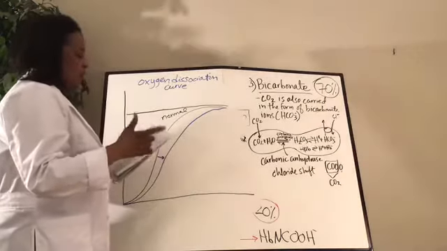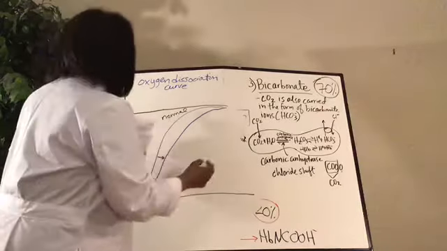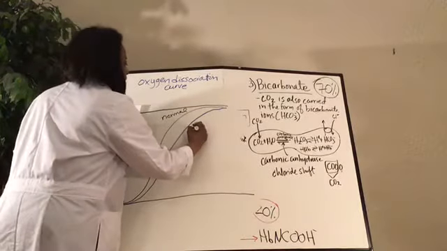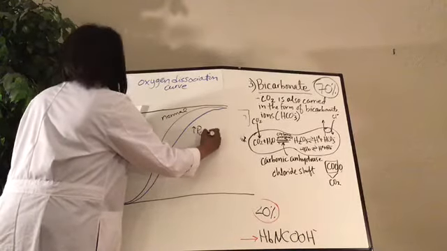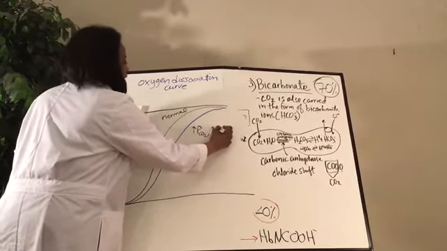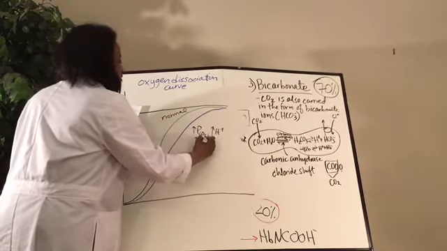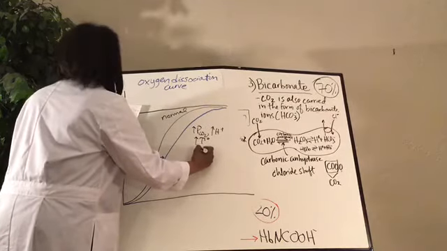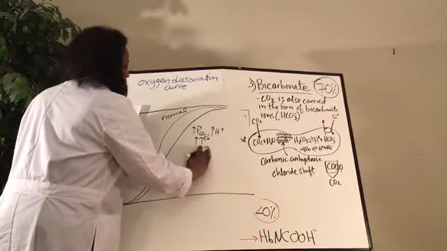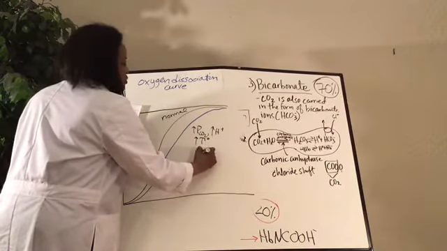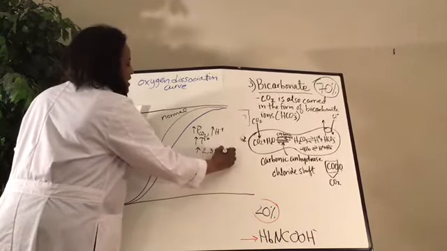An increase in all factors, meaning an increase in the partial pressure of carbon dioxide, an increase in hydrogen ions, an increase in temperature, an increase in something that we call 2,3 BPG.